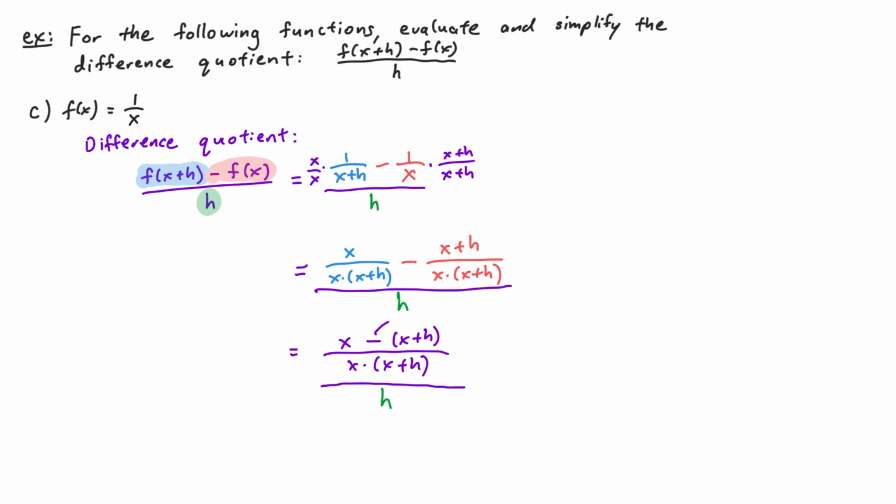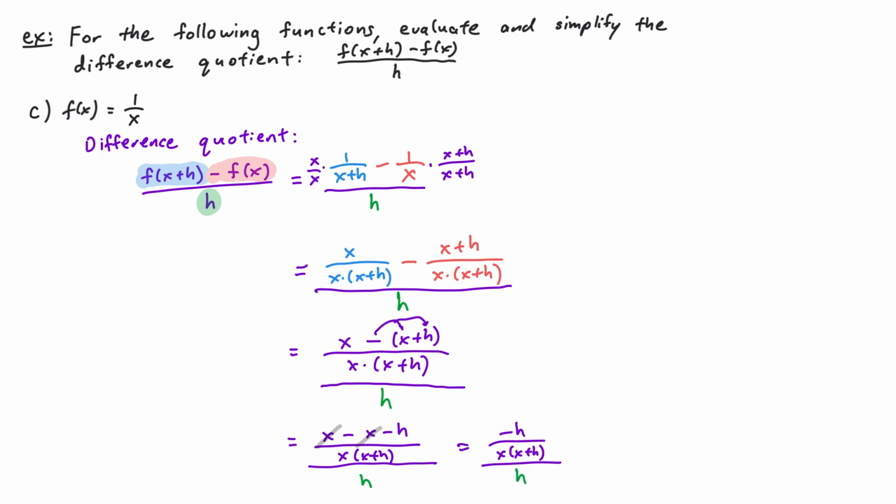To simplify this, we can distribute this minus sign to get x minus x minus h divided by x times x plus h. All of this is divided by h. We see that the x's will cancel out, so our fraction simplifies to negative h divided by x times x plus h, all divided by h.